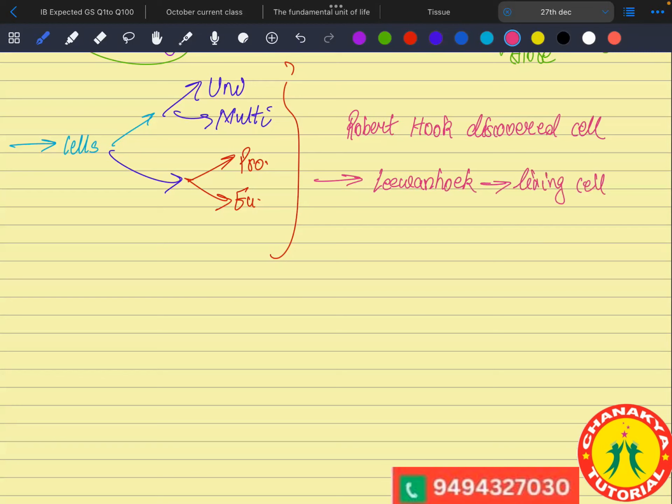Robert Hooke did experiments on dead cells, whereas Leeuwenhoek did experiments on living cells, and he found some unicellular organisms in the living sample, like amoeba and paramecium.